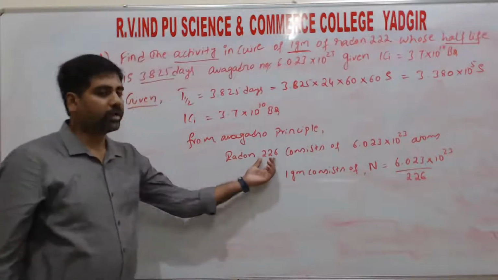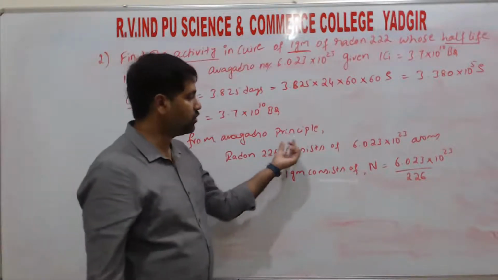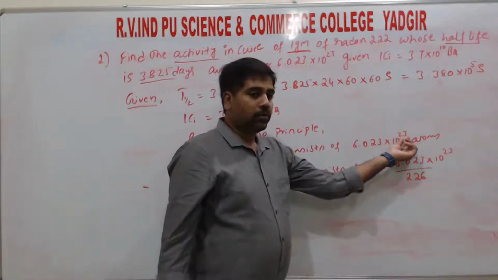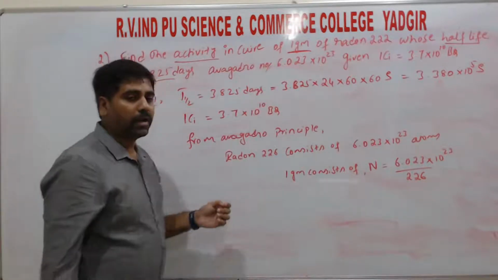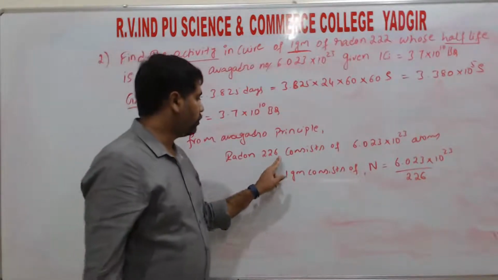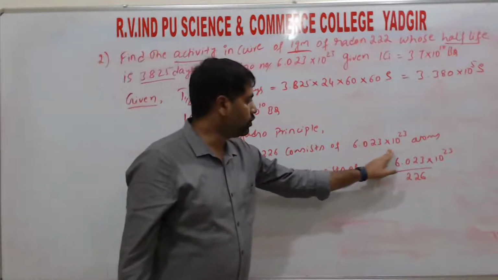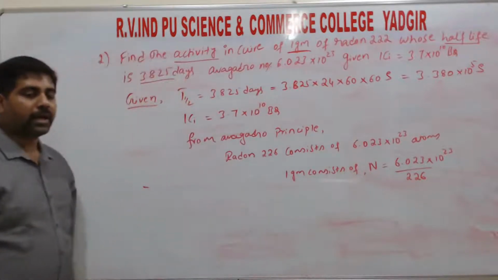Since 226 grams consists of 6.023 into 10 to the power of 23 atoms, and we need only 1 gram from 226, 6.023 divided by 226 gives the value of n, right?